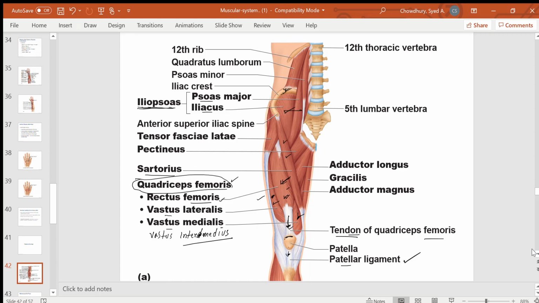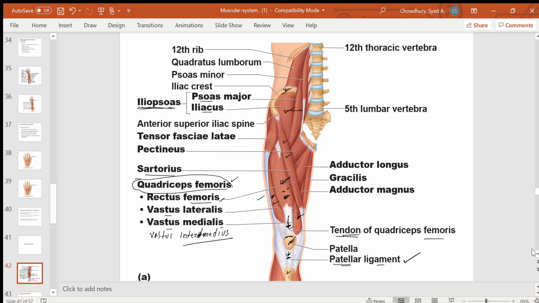Why is this one tendon, this one ligament, although structurally they are the same? This is tendon because tendon attaches the muscle to the bone. So you see, from muscle to the bone, and ligament attaches bone to bone. So patella to the tibia. That's why this part is called the patellar ligament. We tap on the patellar ligament to see the knee jerk or reflex. Make sense?